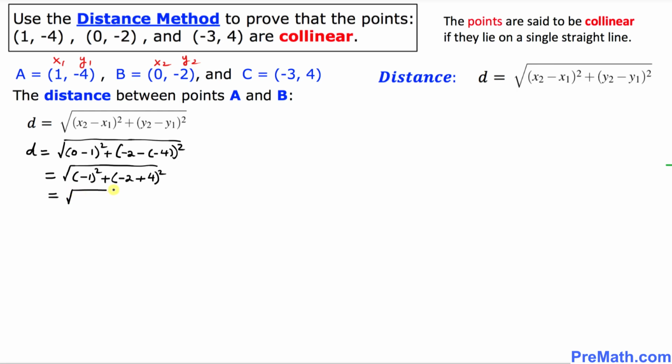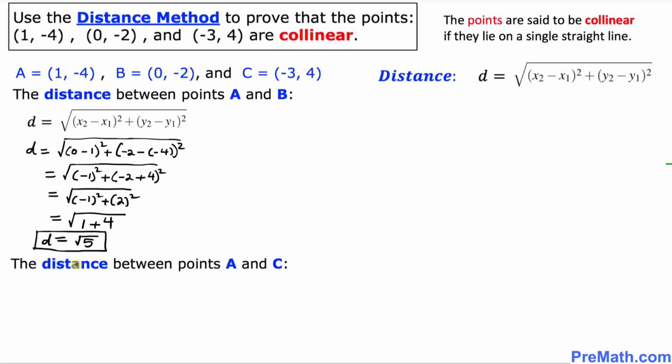So this is going to be (-1) squared plus, this becomes simply 2 squared. So we got simply 1 plus 4 equals the square root of 5. So the distance between points A and B is the square root of 5.